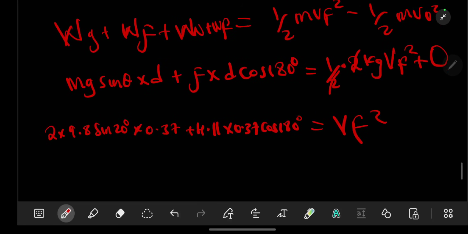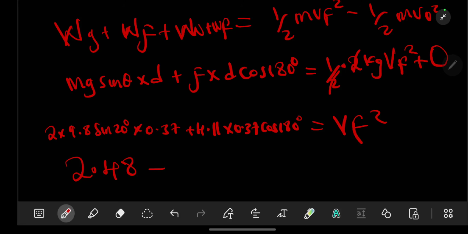We have the v final squared, which will be the 2 times 9.8, the sine of 20, then that will give us 6.7 by 0.37. This gives us a positive 2.48. Then we have minus, because cos of 180 is negative, so we have 4.11 by 0.37.